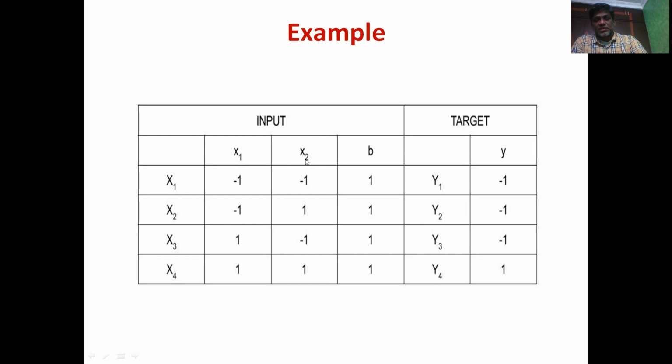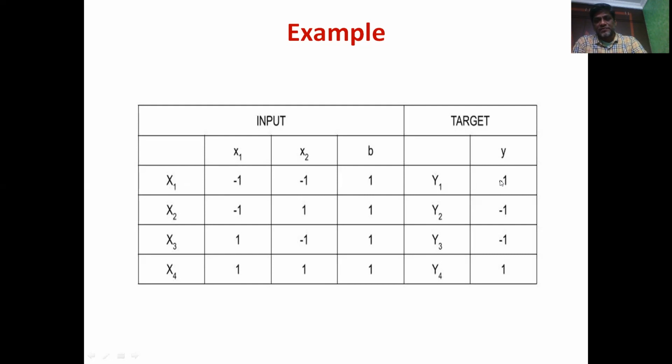That means the neuron has two input connections and a bias connection. Okay, so two inputs plus bias is going to be the input vector. This entire thing forms an input vector, capital X1. Okay, and the corresponding output value for this is -1.